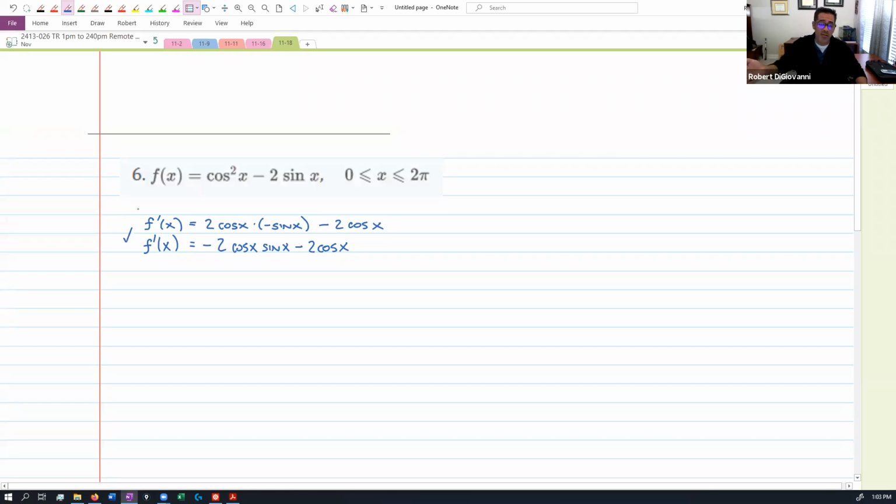Now I'm going to need the second derivative. I may as well get it now because I'm going to need it. So while I'm taking derivatives, let's go ahead and get the second one. When I take the second derivative, I have to realize I have a product right there. These two I have to do as a product rule: derivative of this times this plus derivative of this times this.